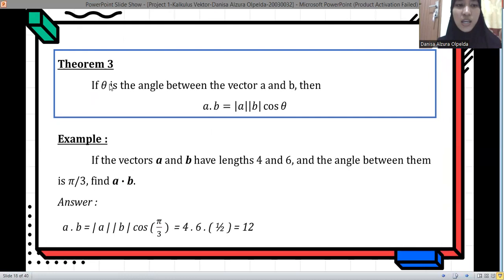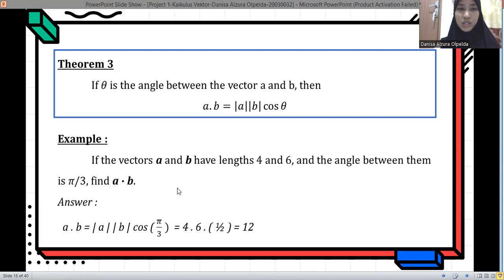Theorem 3. If theta is the angle between the vectors A and B, then A dot B is equal to |A| times |B| cos theta. Example: if the vectors A and B have lengths 4 and 6, and the angle between them is pi over 3, find A dot B. Answer.